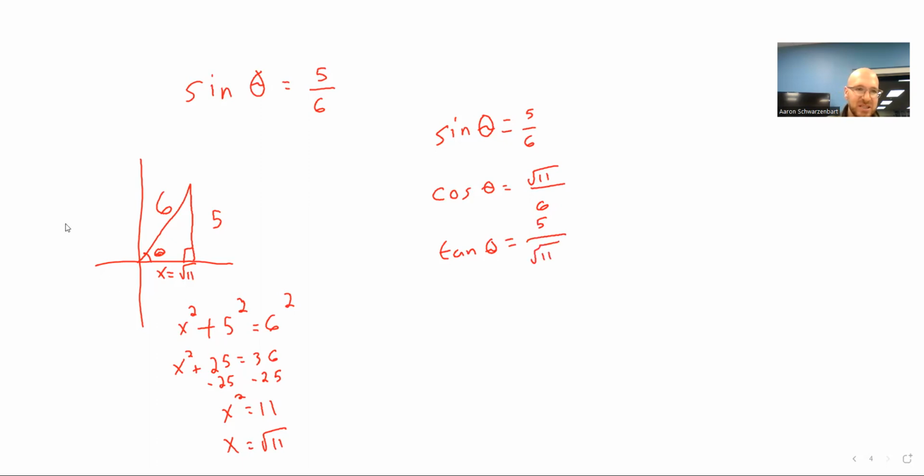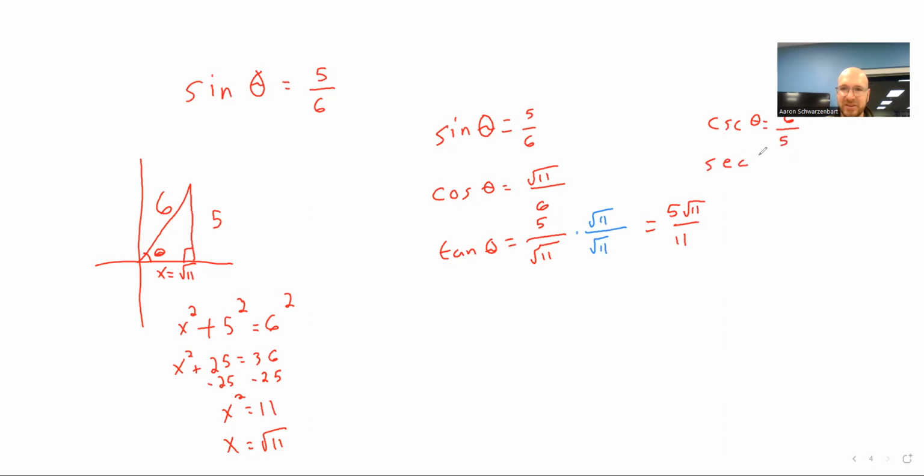I must rationalize. This one, my clever name for one is going to be square root of 11 over square root of 11, giving me a final answer of 5 square root of 11 over 11. Cosecant of theta. Again, I do my reciprocals.